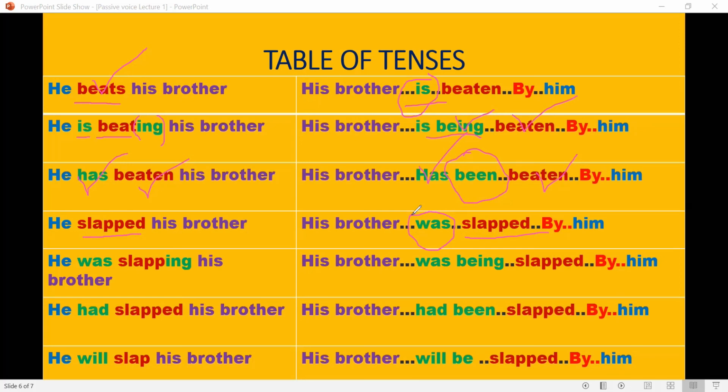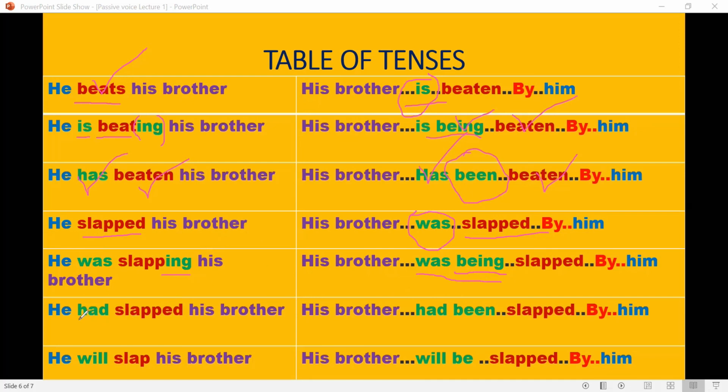Was for singular and were for plural. He was slapping his brother. Again, continuous: this ing has been made being by adding be plus ing. His brother was being slapped by him. This was being is telling us that this is a passive voice of past continuous.